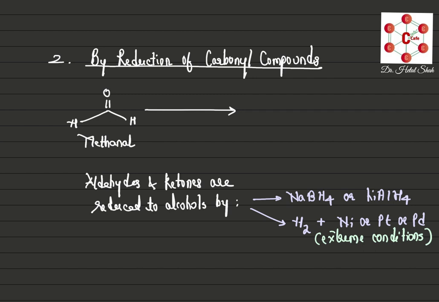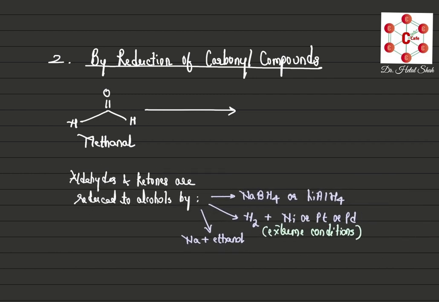And the third method that you can use here is a system of Na plus ethanol, sodium plus alcohol. And here aldehydes and ketones can be converted into corresponding alcohols. Starting with formaldehyde, I can take LiAlH4 or NaBH4, anything.